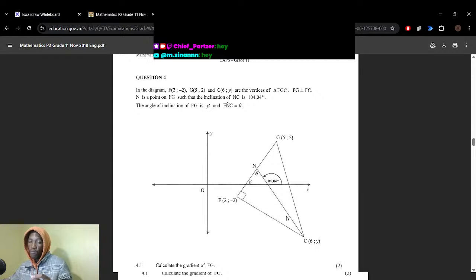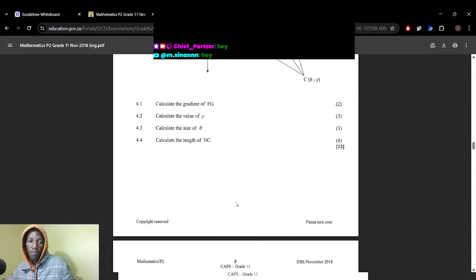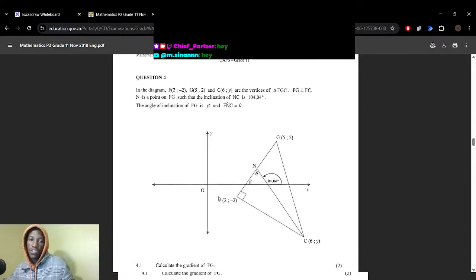It's really a small mistake, but it can cost you a lot of marks. So work on those fine tunings: precision, understanding the questions. Take your time and try to understand the question as a whole before diving in to answer it. So yeah, this was an interesting question.